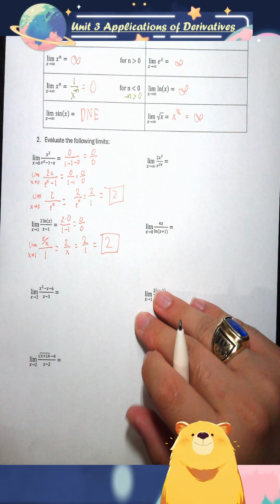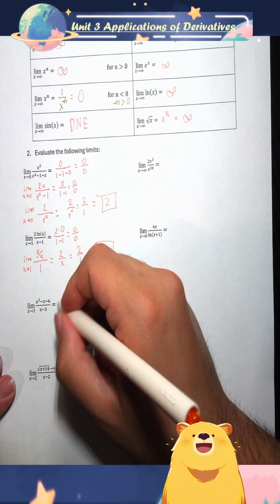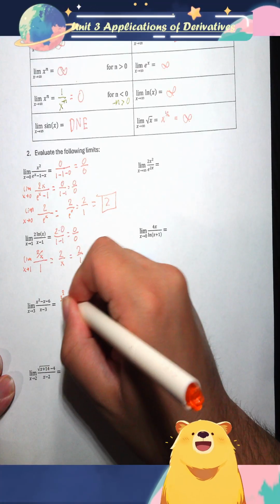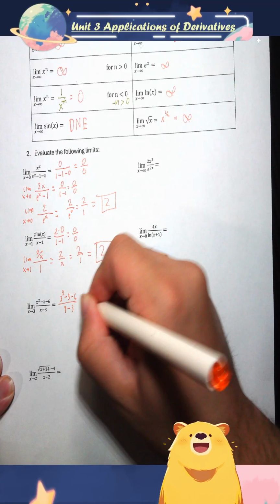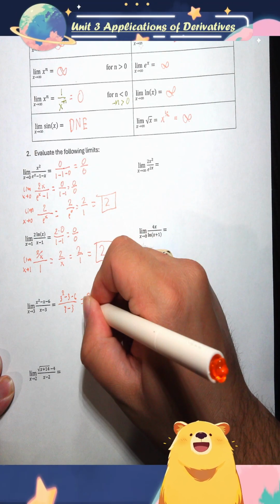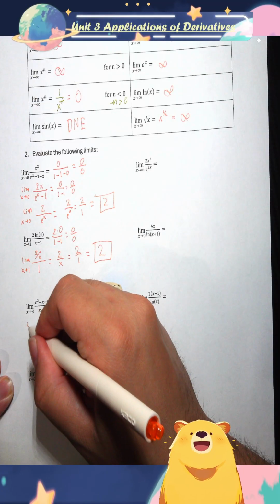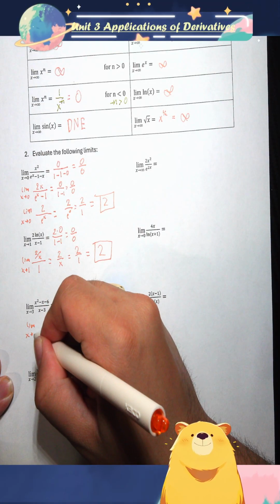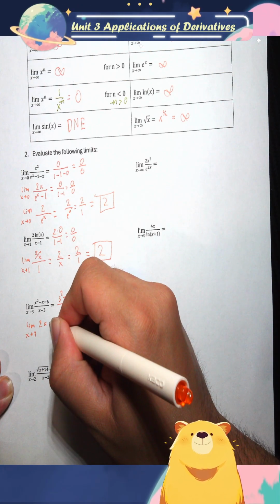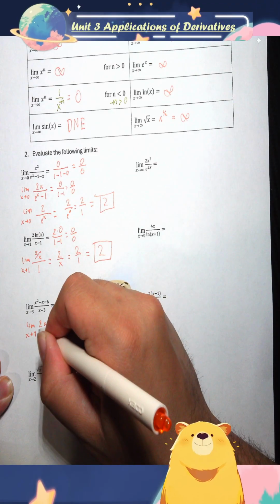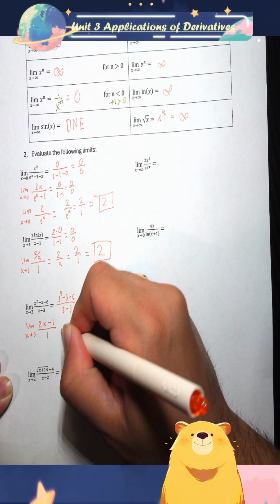Okay. Over here for 3, let's see, 3 squared minus 3 minus 6, that's going to be 0. 3 minus 3, that's also going to be 0. So 0 over 0. Do a derivative. We get 2x minus 1 over 1.